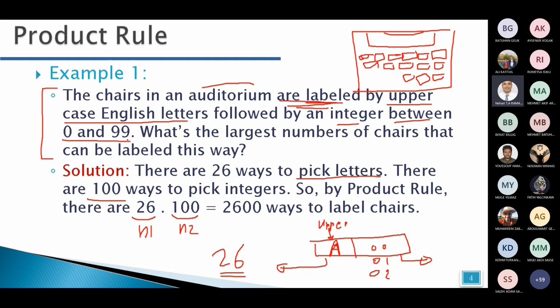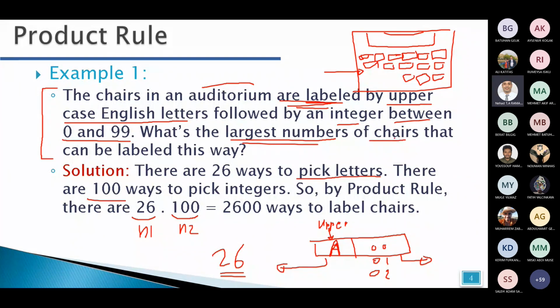So to get the maximum number of chairs here with different labels, we need to know how many labels we could have. So what is the largest number of chairs?